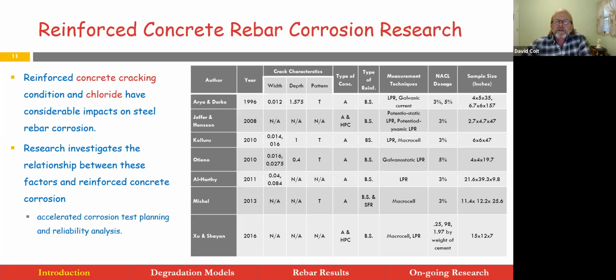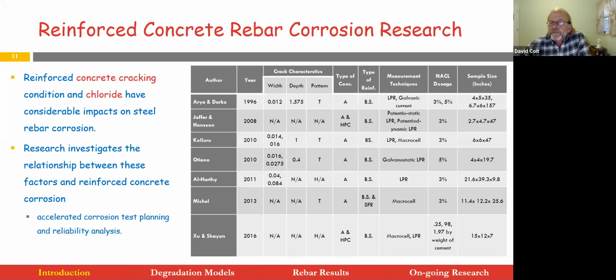We see some papers, most of them in the 2000s, one before that. In the table, you see different crack sizes and Class A concrete, high performance concrete, other things, size of the sample. So the conclusion from this work is that the concrete cracking is going to influence it, and that of course makes perfect sense.